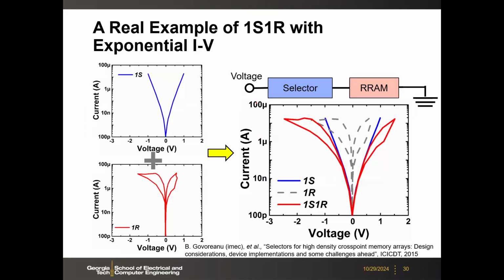So what you can get, for example, this is in the log scale, okay? It's like the subthreshold region of the transistor. We always show the current in log scale, and the voltage, of course, in the linear scale. So here, if your selector has this exponential IV, an exponential current versus voltage relationship, that means at small voltage the current will exponentially decay, right?